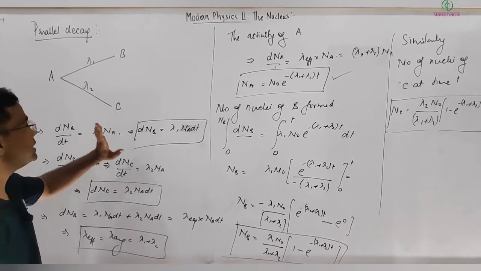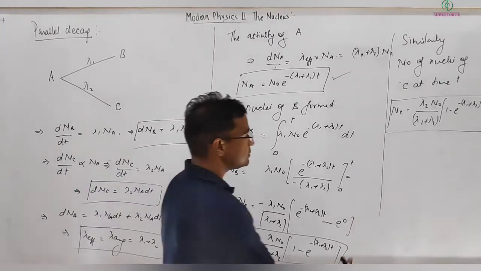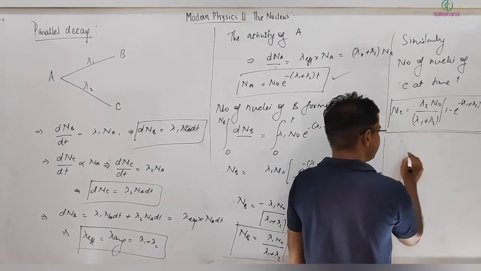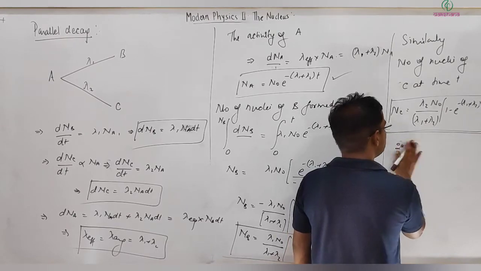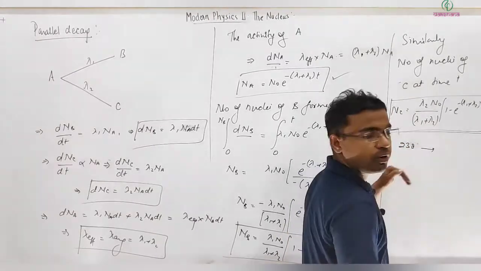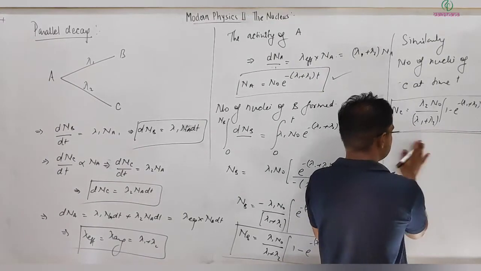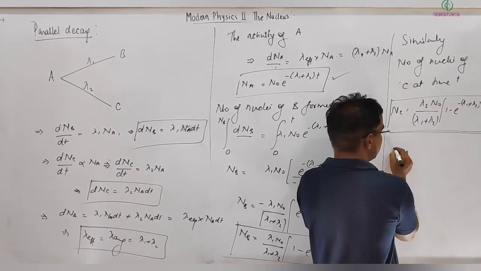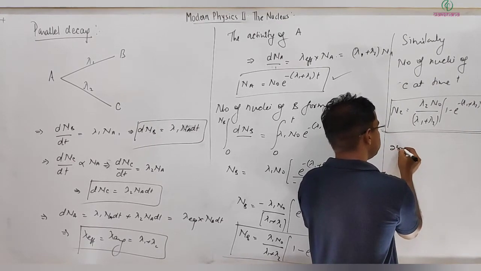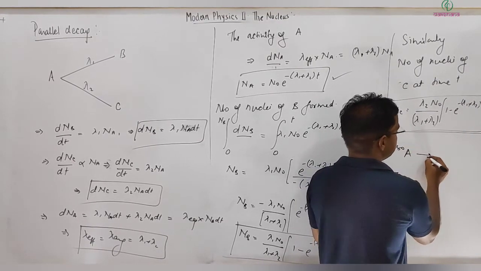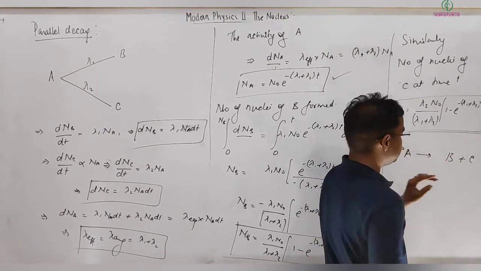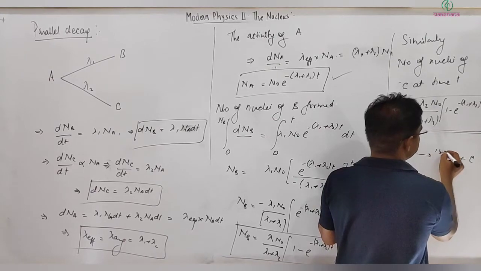Here remember, you may be confused: let's say A is, for example, 250, it's not that it's breaking into B plus C simultaneously, say 150 and 100.